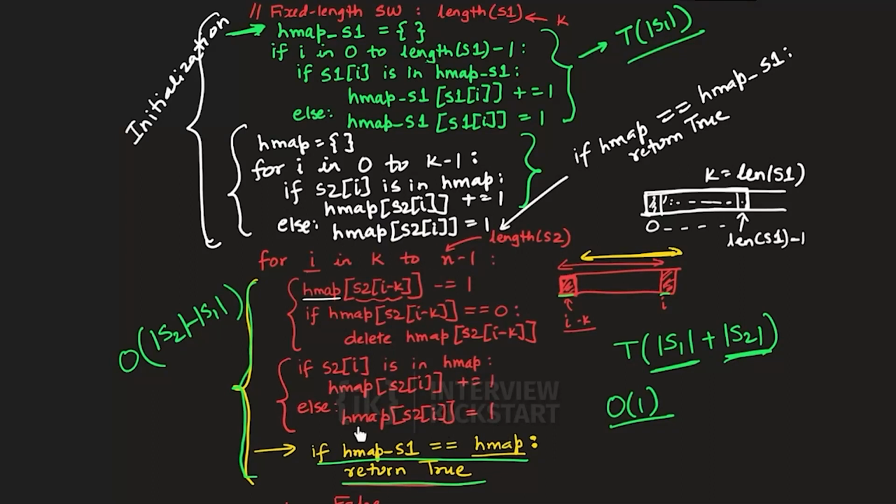And so if there is a permutation of S1 which is a substring of S2, there'll come a point when the difference table will have all frequencies being exactly equal to 0, which means none of those keys will exist in the hash table, which means this check will just be a check for whether the hash table is empty or not. If it is empty, then we return a true, otherwise we return a false at the very end.